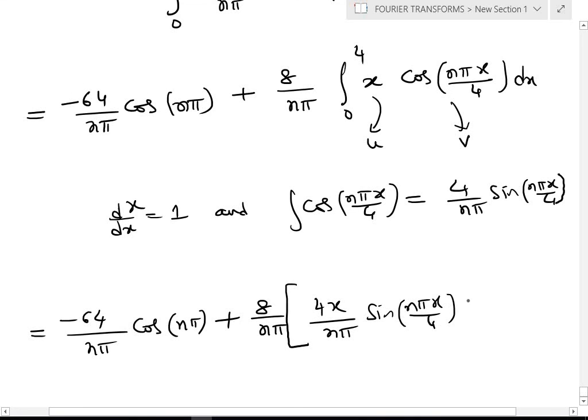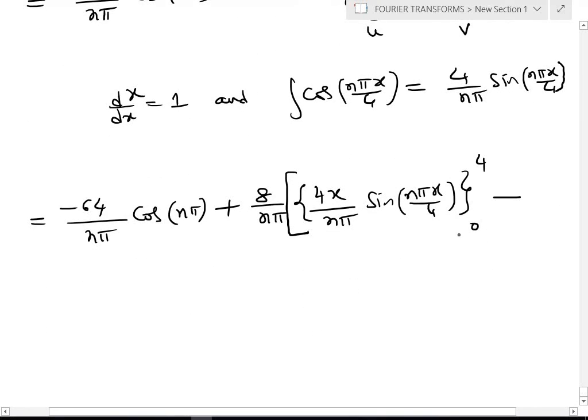Now I need to substitute the lower limit and upper limit here. The lower limit is 0 and the upper limit will be 4. Then there is a minus sign. Then after the minus sign, I have integration from 0 to 4. The differentiation of x will be 1, and the integration of that will be equal to 4 by n pi sine of n pi x by 4 into dx. That will be closed here.